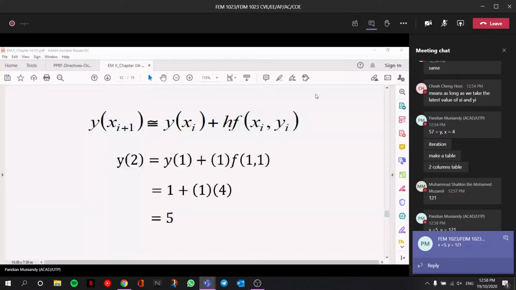So now you already have the table. You see these values keep on increasing, ascending. This is the problem with this method. Unfortunately, it's not converging.